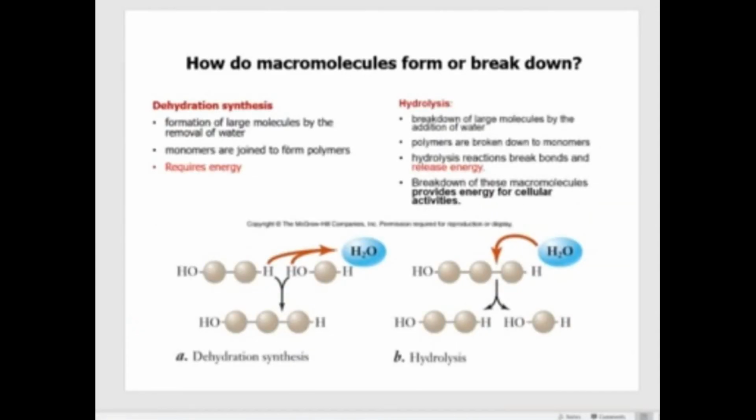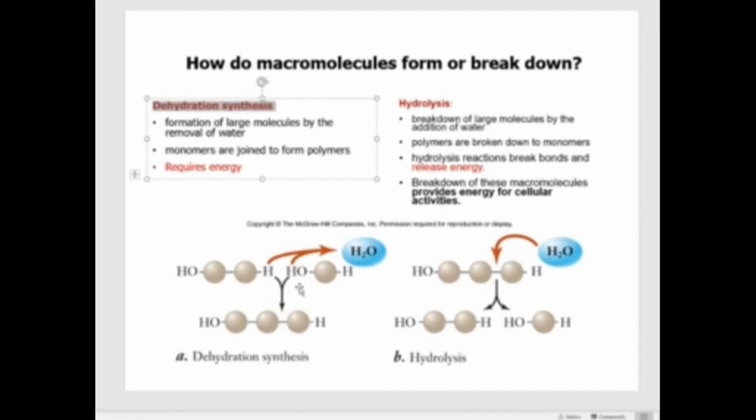When you need to build polymers using monomers, it's achieved by this type of chemical reaction called dehydration synthesis. Dehydration, you are removing water. This shows you the dehydration process. These are two subunits, smaller molecules, monomers, and then we're going to build a polymer, this larger molecule.